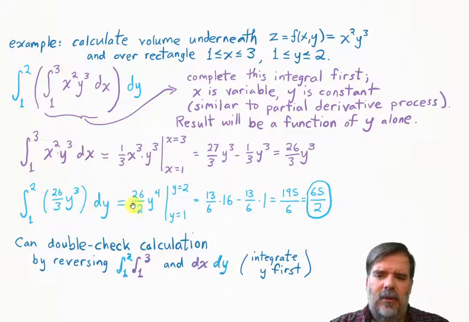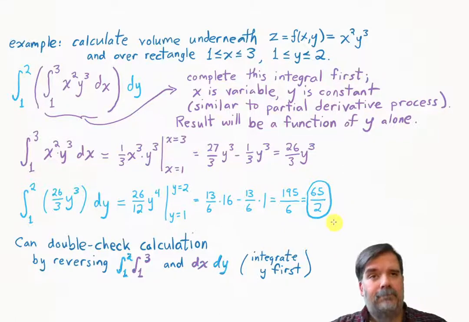So 26 over 12, we can cancel out a factor of 2, leaving us with 13 over 6 times 2 to the 4th power, which is 16, minus 13 over 6 times 1 to the 4th power, which is 1. Doing the math, we'll end up with 195 over 6, which reduces to 65 over 2.